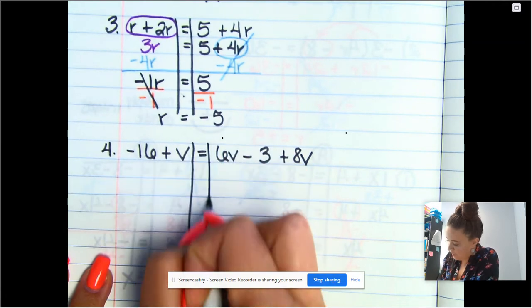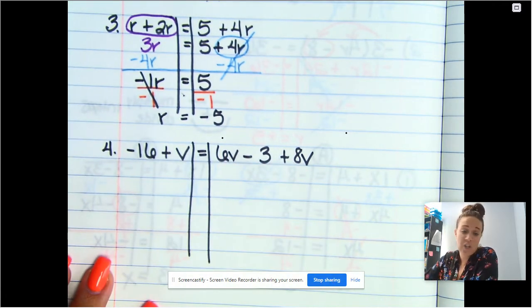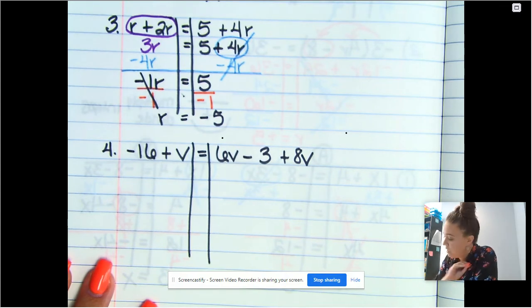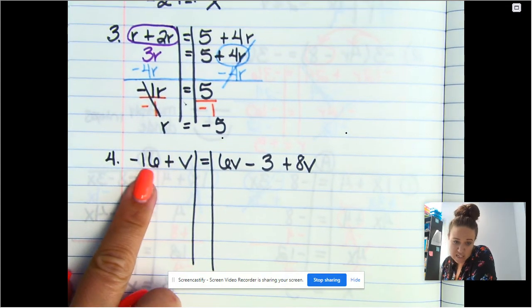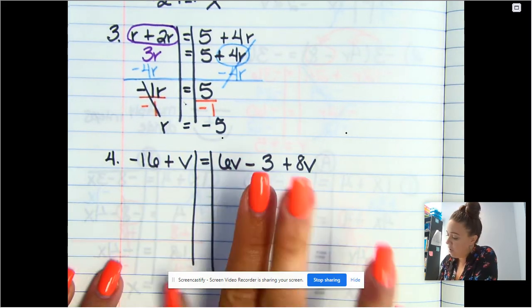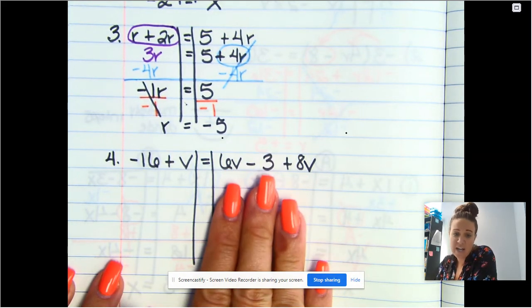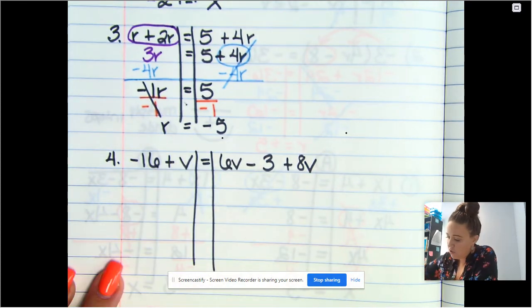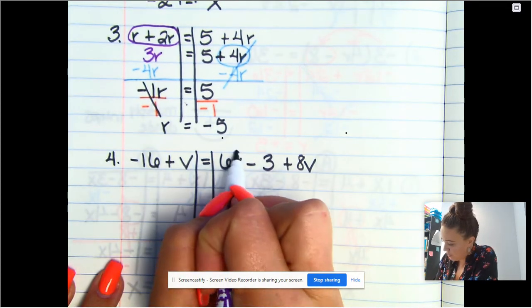Okay, so the first thing that we've got to figure out is, are there any like terms on the sides of the equal sign to combine? Okay, the first one, I have a negative 16 and a v. They are not like terms, so I cannot combine these. On this section over here, though, I do have a 6v and an 8v that I can put together. So I'm just going to circle those so we know that we're going to combine them.